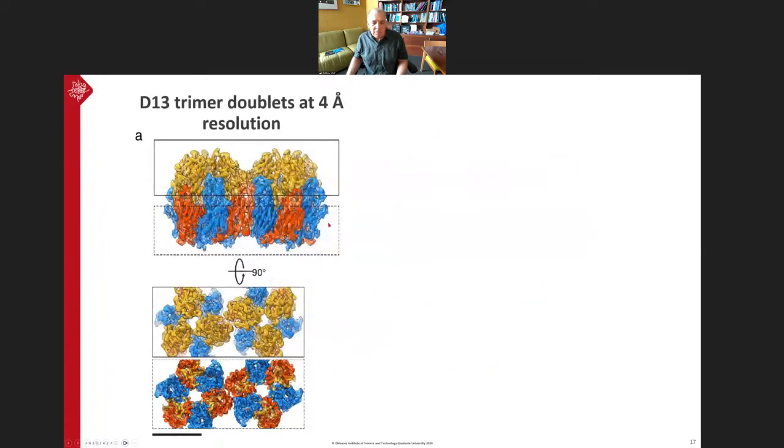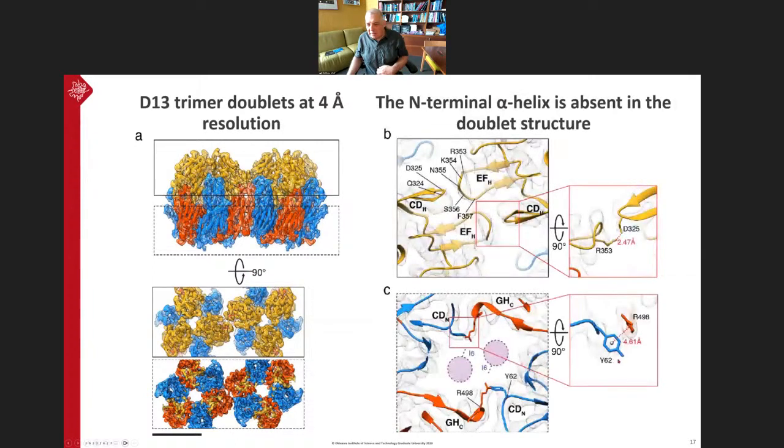Here you see a schematic of two dimers together, and they form interactions at the top between the yellow parts and then at the bottom between the red parts. And the key interaction is essentially this aromatic cation interaction, tyrosine 62 and arginine 498. So they are at blue and red at this interface here.